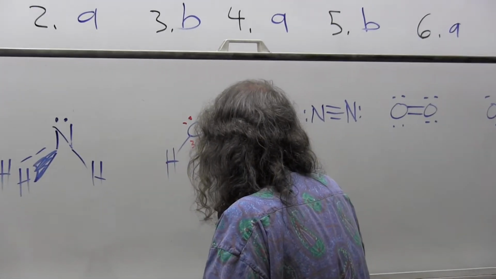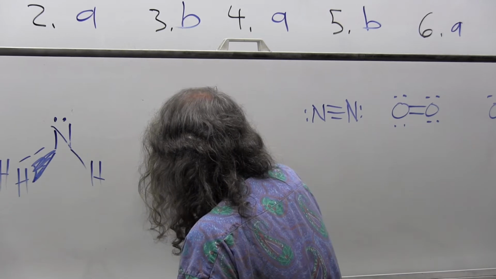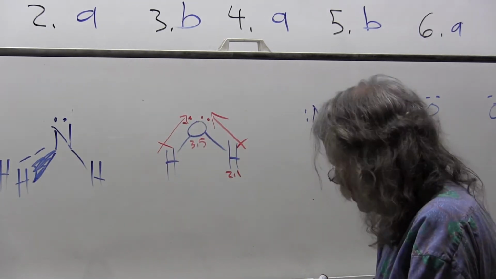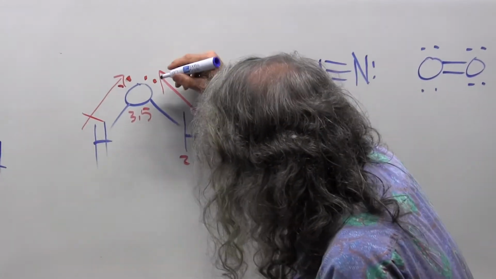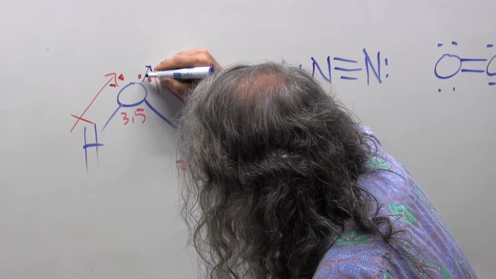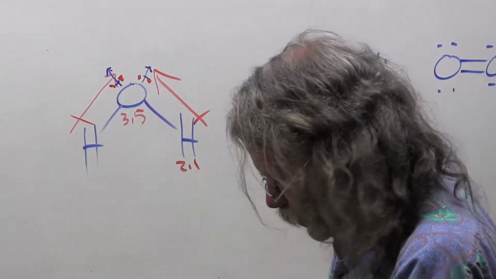So I have a dipolar bond here and a dipolar bond there, and these dipoles add vectorially, and plus there's a little-bitty dipole here with a lone pair effect, which points in that direction.